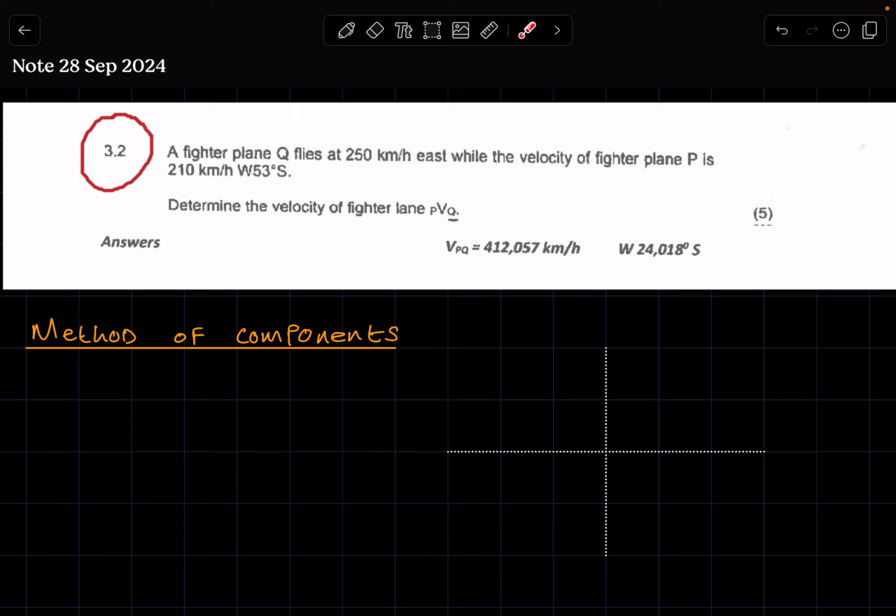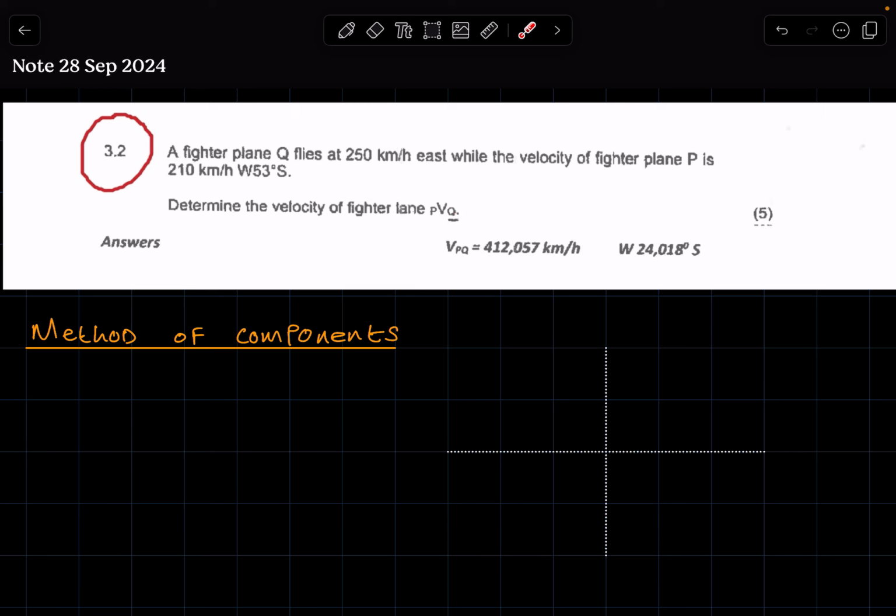As you can see here, we have two objects, object Q and object P. We've been given the magnitude of their velocities as well as the direction thereof. Once you've identified how many objects you are looking at, in this case just two, you then look at the question. The question is: determine the velocity of fighter plane P relative to Q.